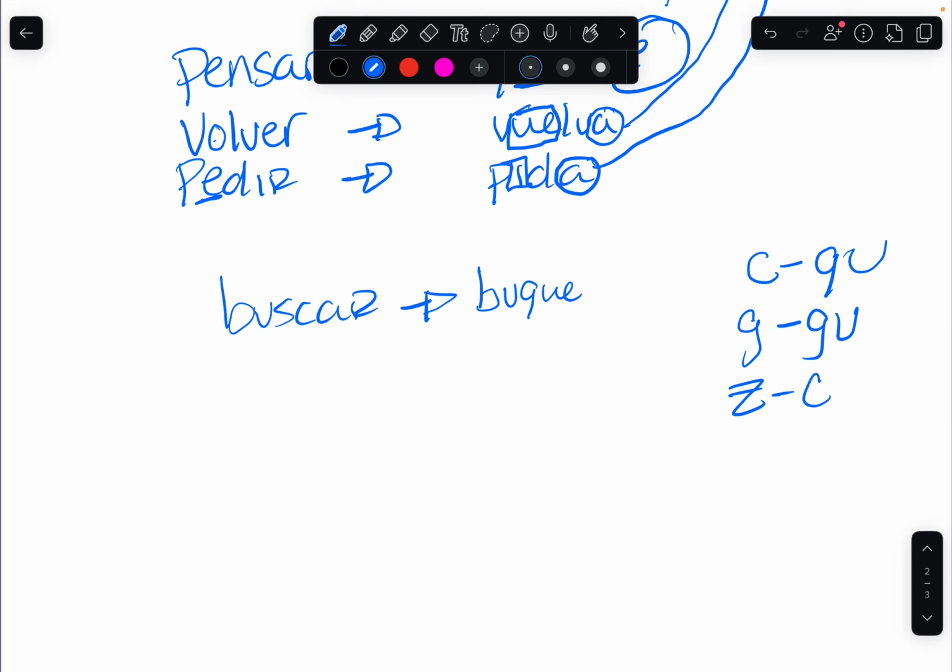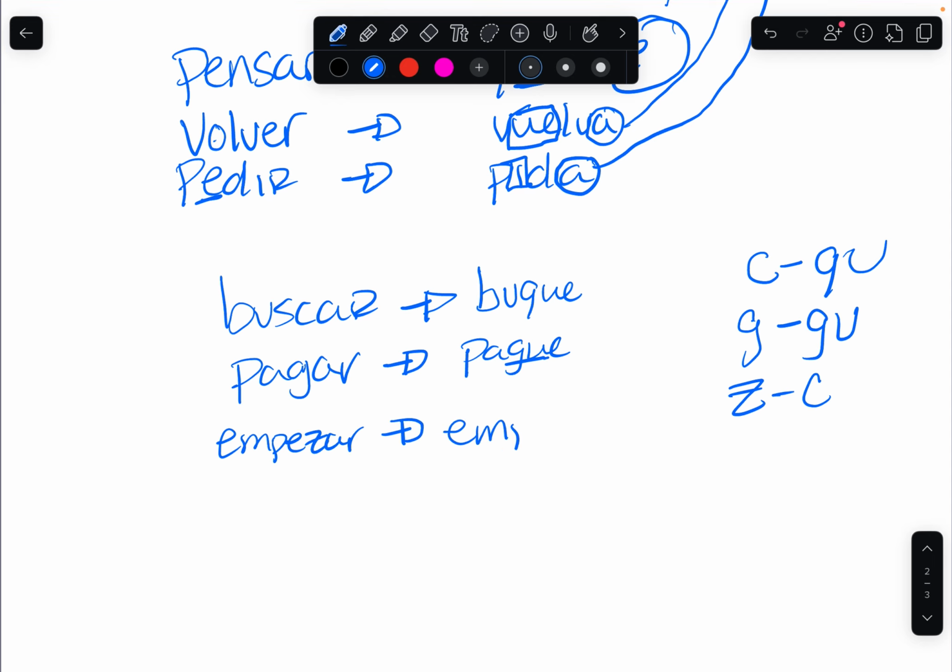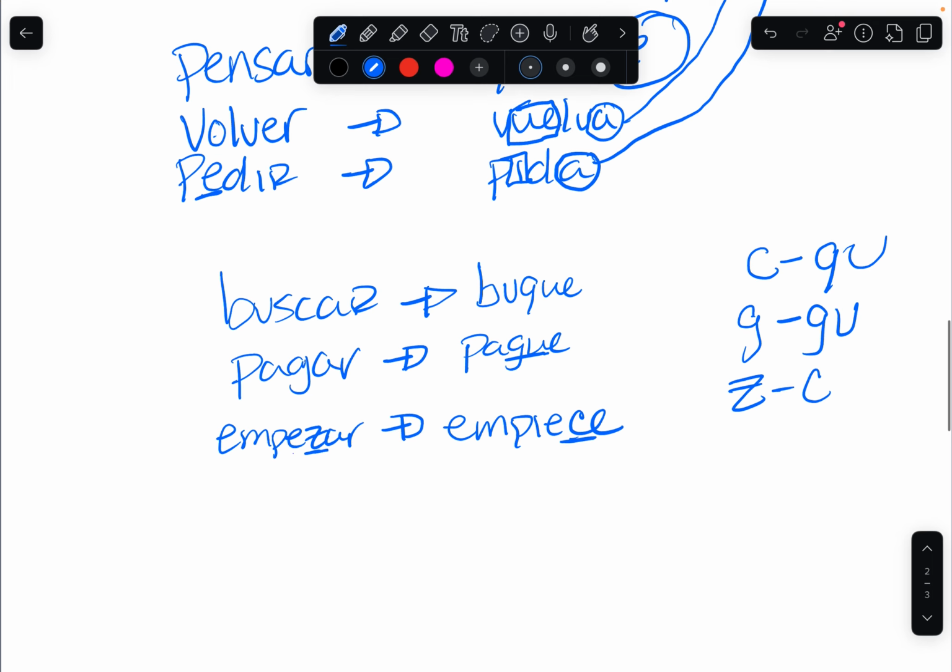Or you have verbs like pagar that change to, like I said here, pague. And then verbs like empezar that changes to empiece. So not only does the Z change to a C, the E changes to IE in this situation also. So you have to make sure that you are making the correct endings.